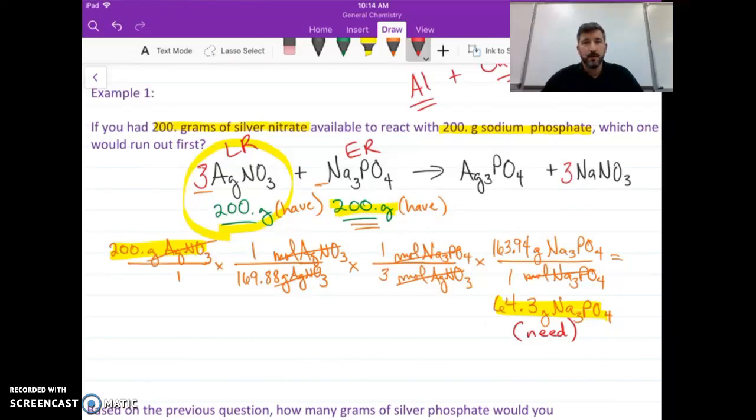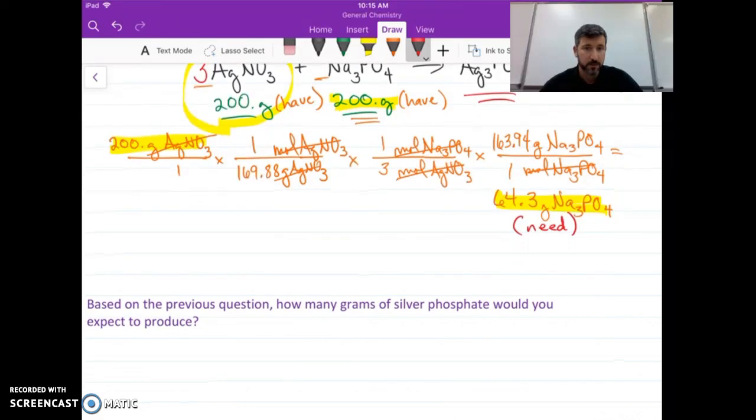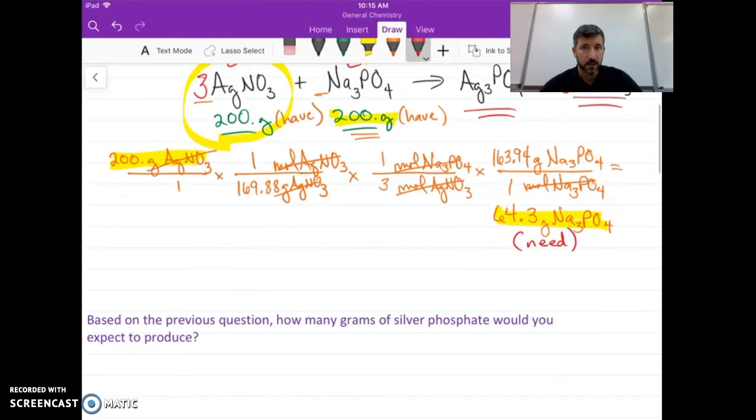And so that's how we determine which one is limiting. Right? So we answer the question, which one would run out first? The silver nitrate, which means the silver nitrate would determine how much of my 2 products I can make. Okay? So we do have another question we can answer based on this information. It says, based on the previous question, how many grams of silver phosphate would you expect to produce?